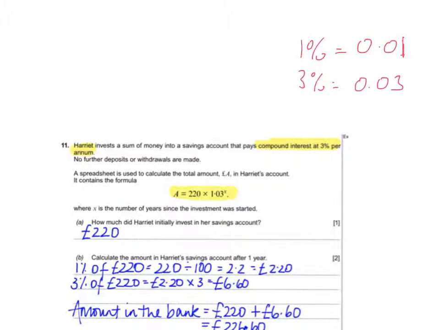And because you see there where it says 1.03, that's a really, really quick way of putting 3% on something. So you're doing 100% add 3% is 103%, is 1.03. So you can multiply it and add it on very, very quickly. So if 1% is £2.20, then 3% is £6.60.